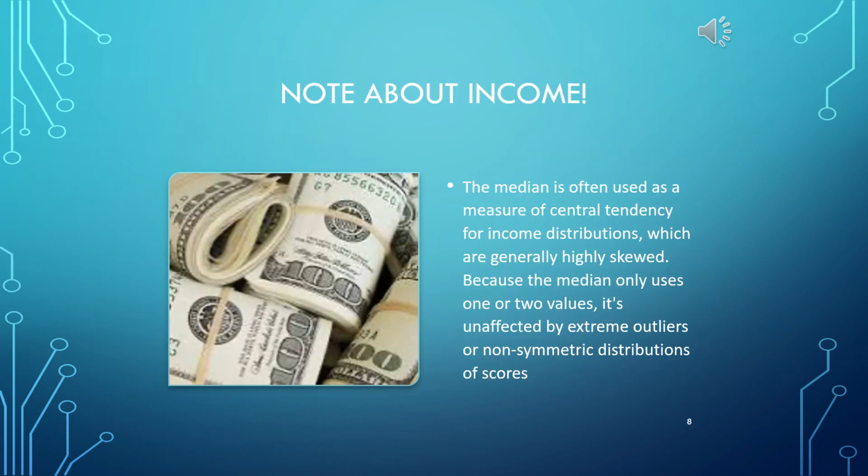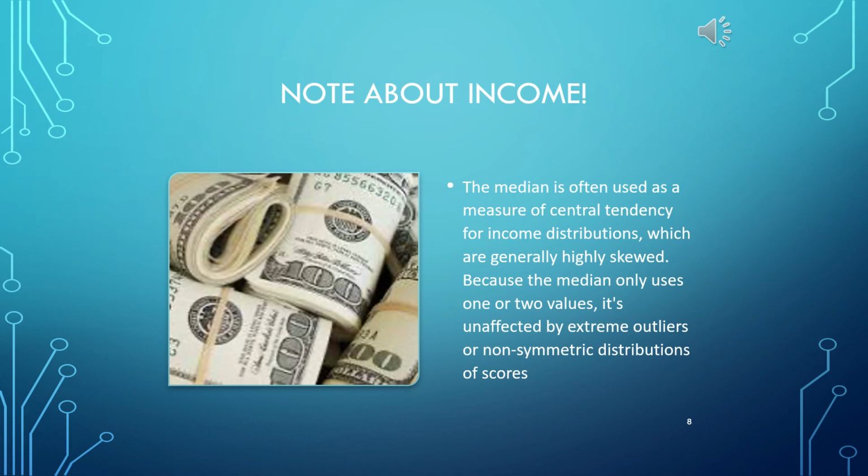We can also ask about central tendency in terms of income, and this is kind of interesting. Most statisticians or people who work with data related to income tend to prefer using the median as the measure of central tendency as opposed to the mean or the average, because a lot of times there are really severe outliers, because just a few people in any given population will make a lot of money, right? Like, the people who own companies or something like that.